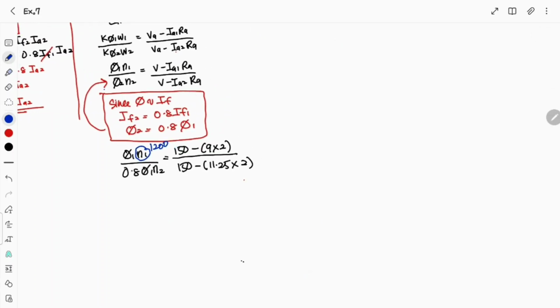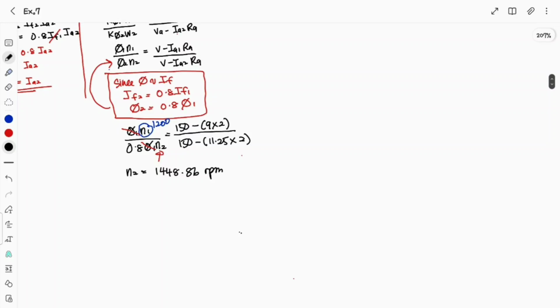N in RPM. Since we can cancel this one and this one, you can have your N2 motor speed. Rearrange the equation and you can have your N2 with 1448.86 RPM.